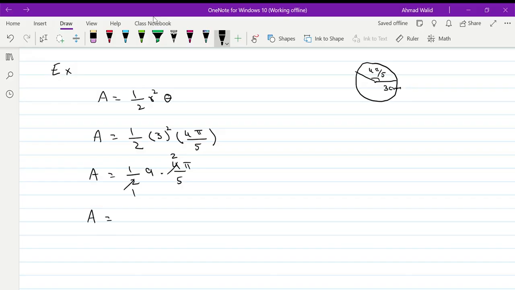Then A equals 18 pi over 5, the area of the sector. Usually on the test, on the quiz, we are not asking you to change this to decimal. No, that will be your final answer in fraction form. Correct?